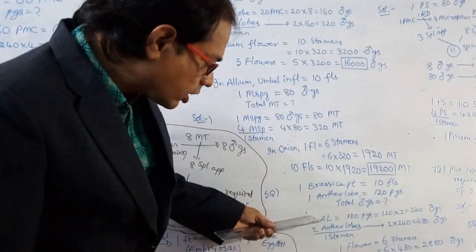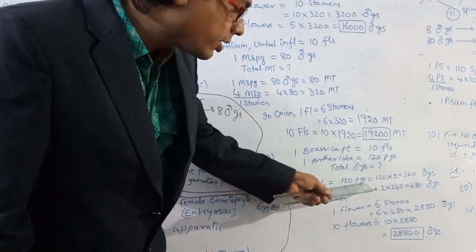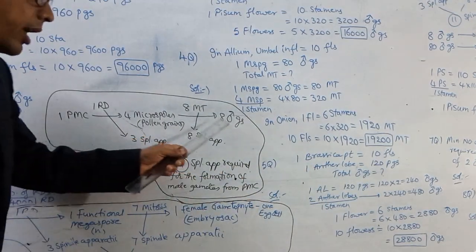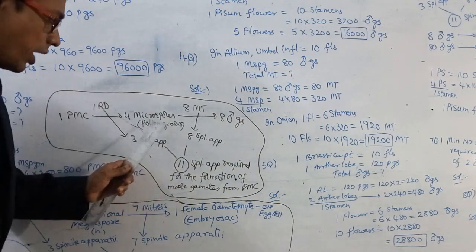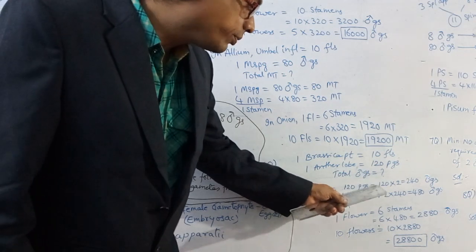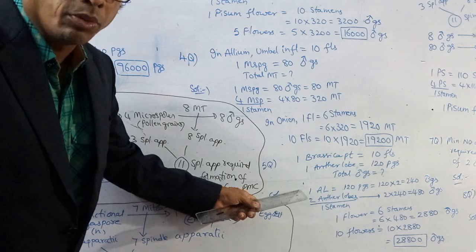So one anther lobe contains how many pollen grains are given? 120 pollen grains. What is the relation between pollen grain and male gametes? 4 pollen grains, 8 male gametes are produced. So 1:2 ratio. That means here 120 into 2, that is 240. So that is for one anther lobe, isn't it?